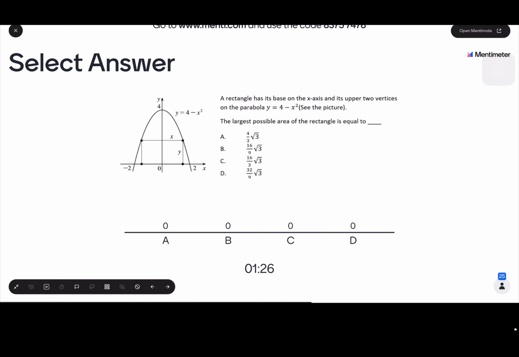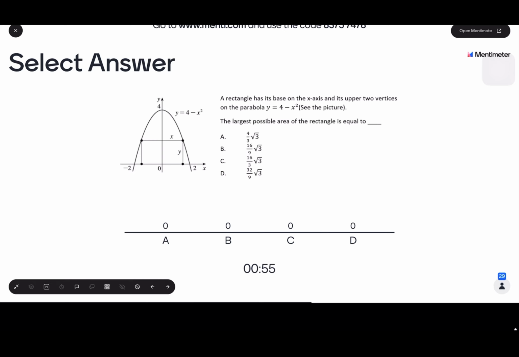Okay. It should be 2x. This is only one rectangle on the half part.